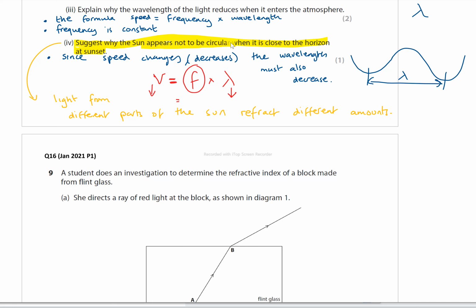So the amount of refraction is larger when the sun is close to the horizon. Okay, just leave it like that. That is more than enough for an answer.